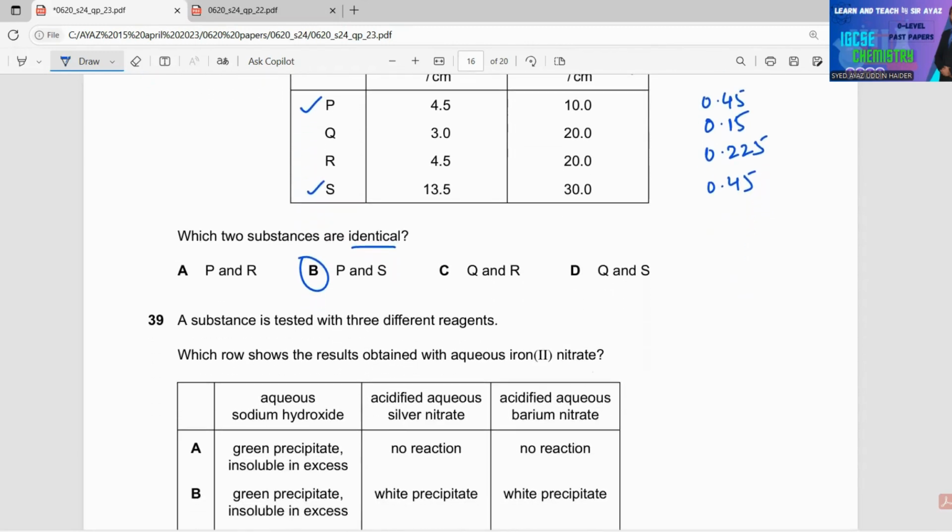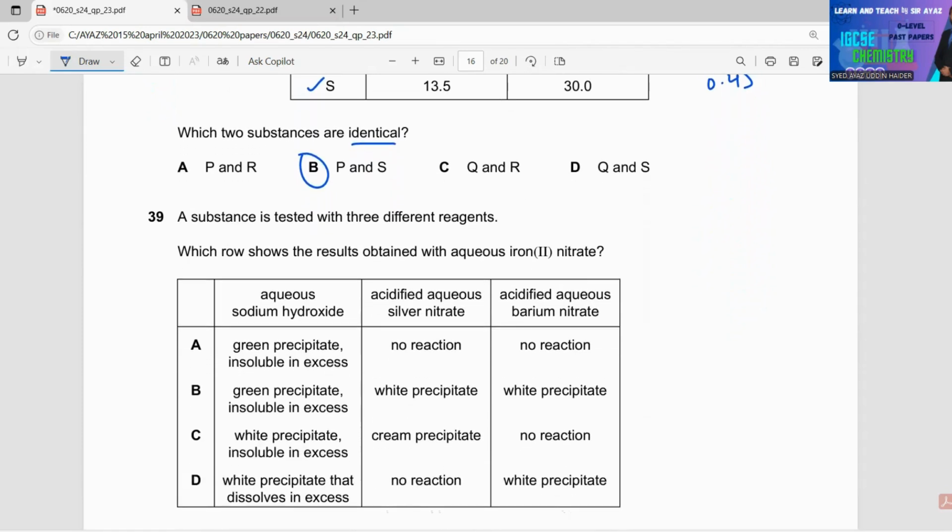Moving to the next MCQ, which is 39. A substance is tested with 3 different reagents. Which row shows the results obtained with aqueous iron(II) nitrate? The aqueous sodium hydroxide should give a green precipitate insoluble in excess. So A, B, and C are correct.